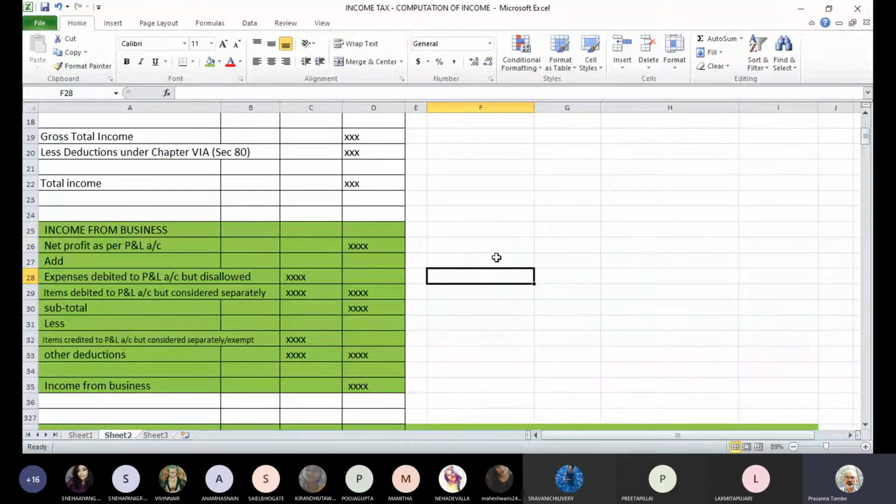For example, income tax. Income tax, if it is debited to P&L account, it is not allowed. It is disallowed in computation of income. Then we have also seen several other disallowances like 43B related disallowances, where the amount is debited to P&L account, but if it is not paid before the due date of filing of income tax returns, then such expenses will be disallowed.